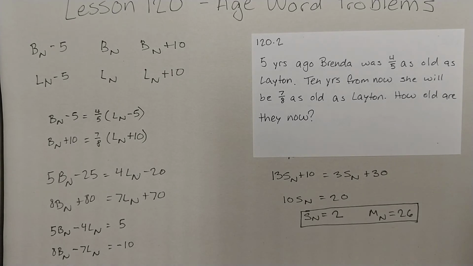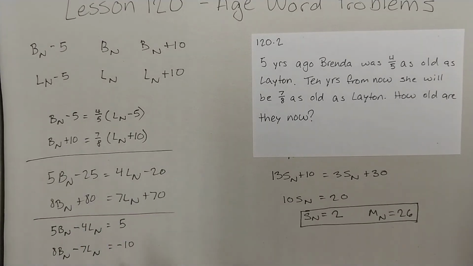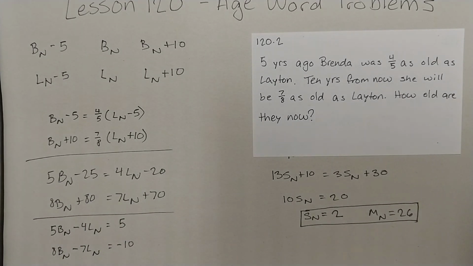Alright, so with these two equations, let's go ahead and multiply. We're going to multiply the top one. We're going to solve for Brenda's age first. So we're going to multiply the top one by 7 and the bottom one by -4. Alright.